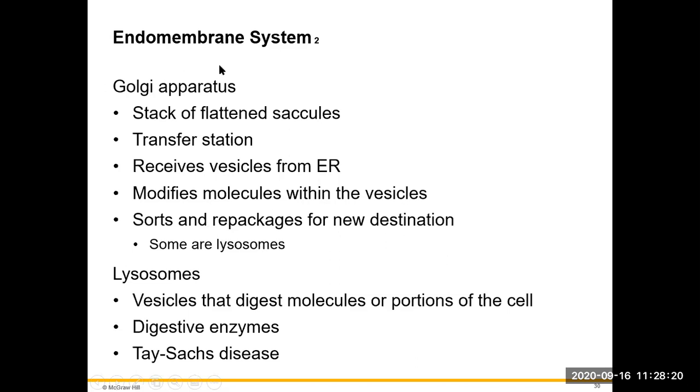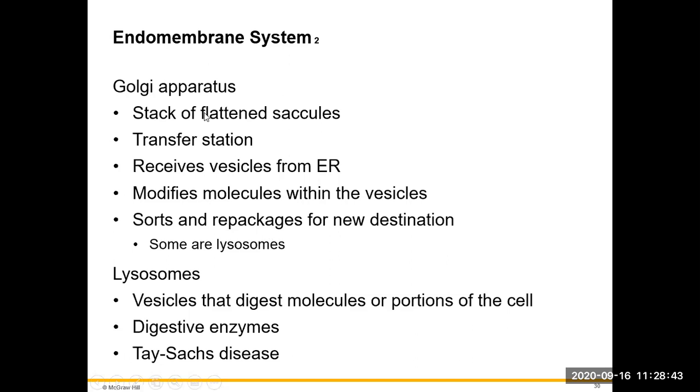The Golgi apparatus is just your UPS. This is the place where repackaging and sorting of all the vesicles takes place. You put a tag on them, and then you send them where they need to go. Sometimes you send them to the endoplasmic reticulum, or sometimes to the plasma membrane.